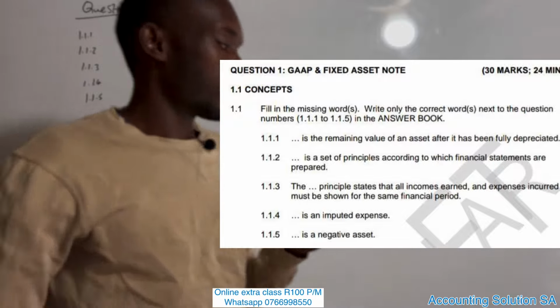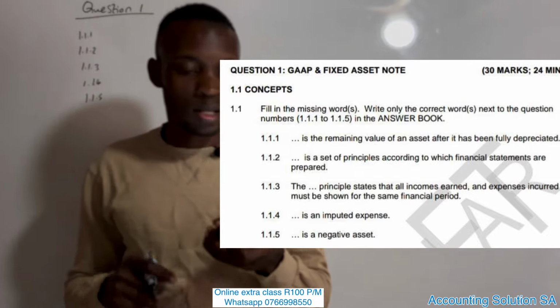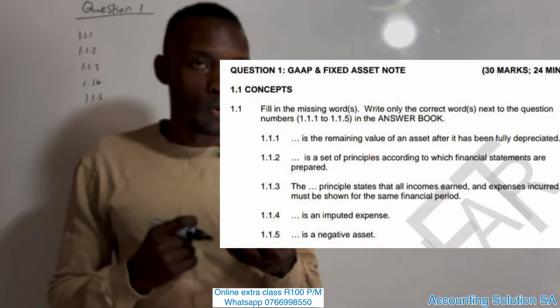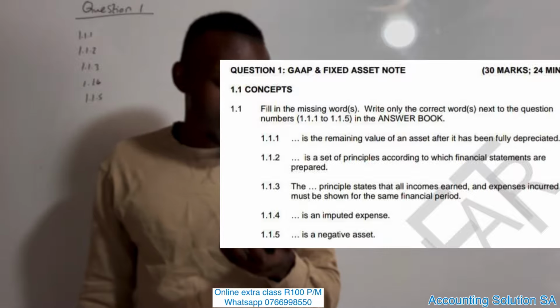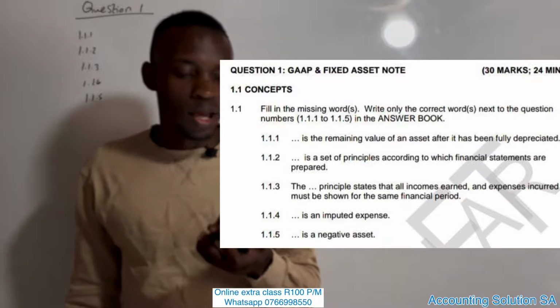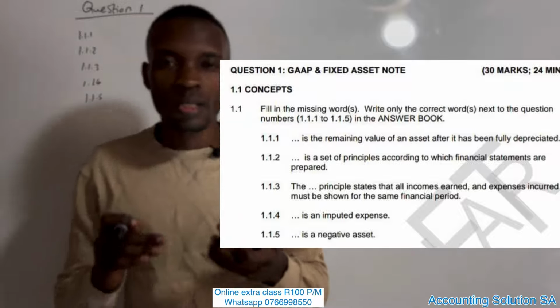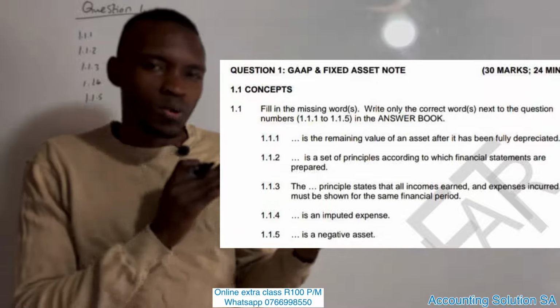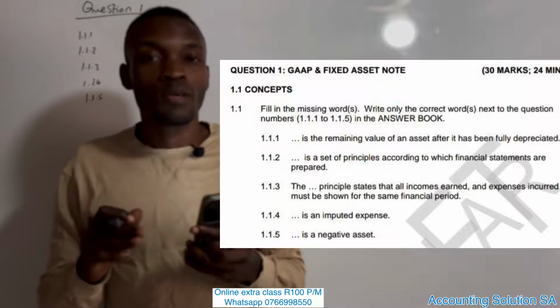Basically they said fill in the missing word and write only the correct word next to the question, 1.1.1 up to 1.1.5. Number one, they said, is the remaining value of the asset after it has been fully depreciated. What do we call that value at the end of the useful life of the asset?